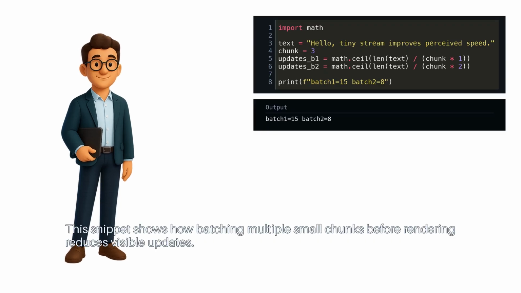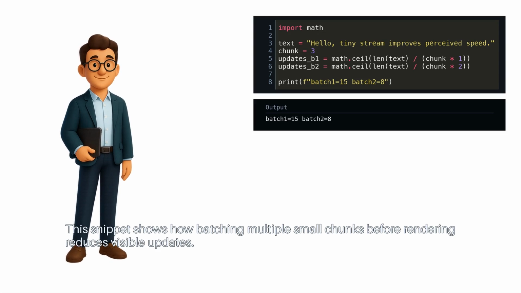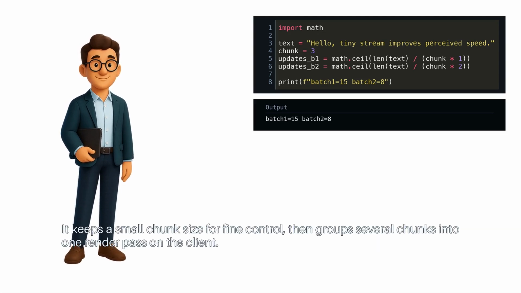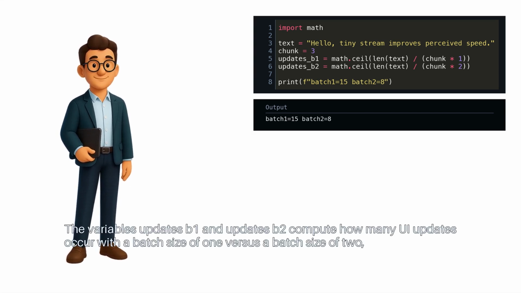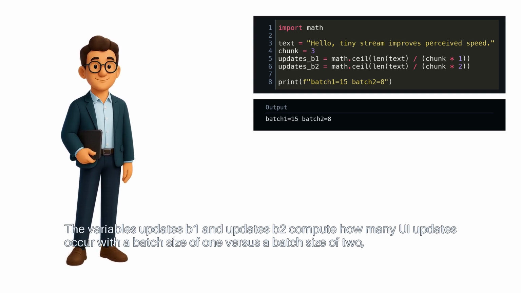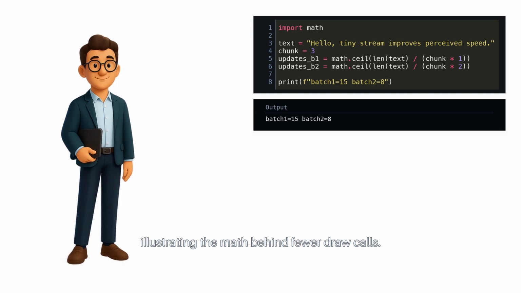Next, we reduce visible churn with client-side batching. This snippet shows how batching multiple small chunks before rendering reduces visible updates. It keeps a small chunk size for fine control, then groups several chunks into one render pass on the client. The variables updates B1 and updates B2 compute how many UI updates occur with a batch size of 1 versus a batch size of 2, illustrating the math behind fewer draw calls.